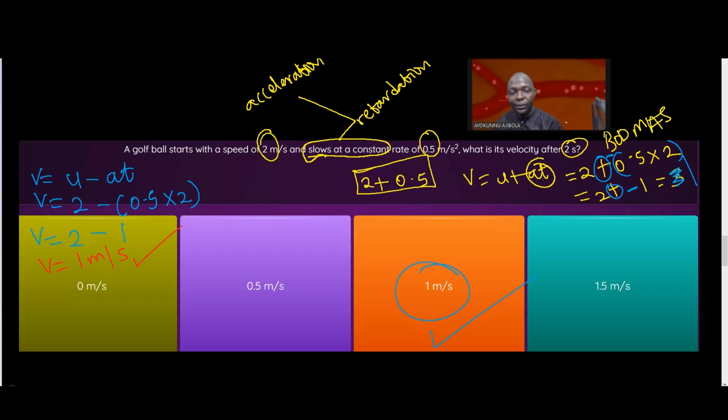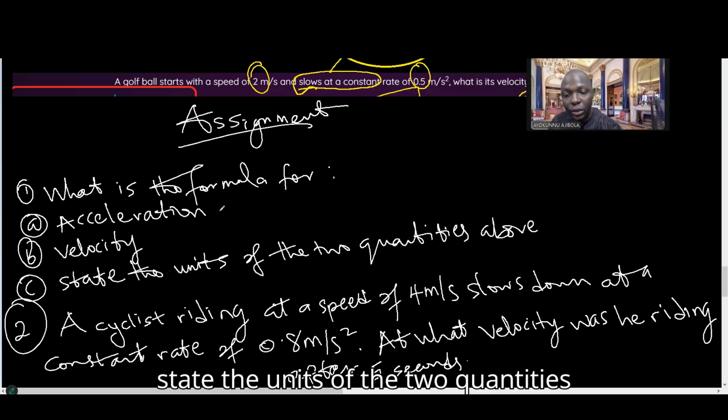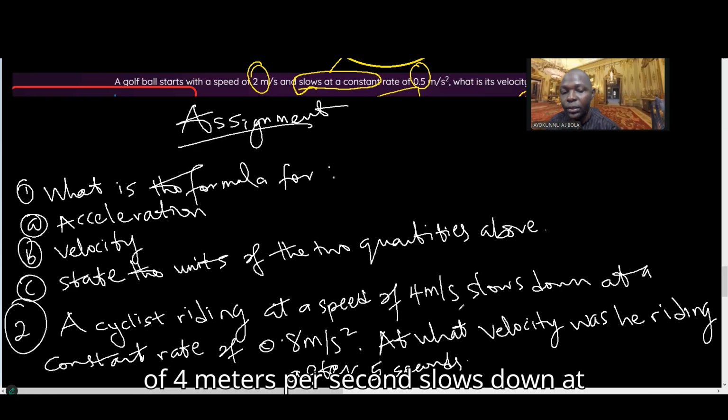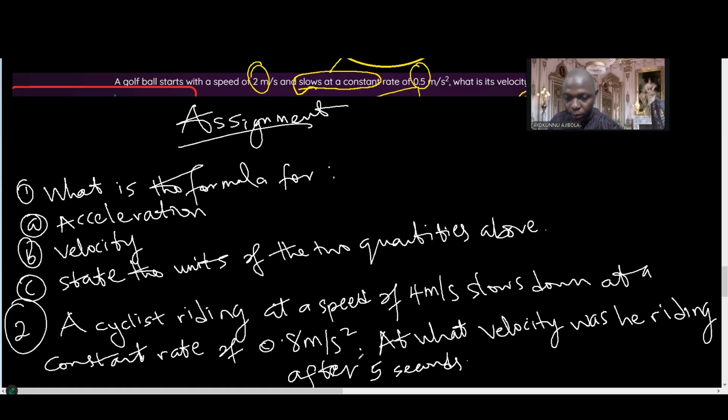That's clear, right? V equals velocity. Then state the units of the two quantities above. Then a cyclist riding at a speed of 4 meters per second slows down at a constant rate of 0.8 meters per second square.